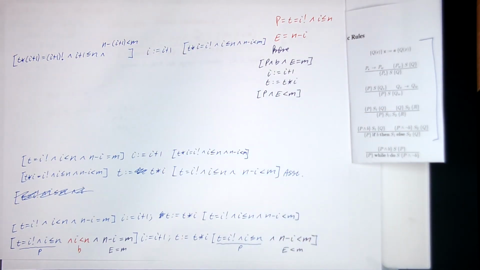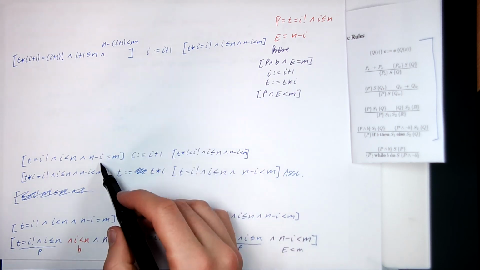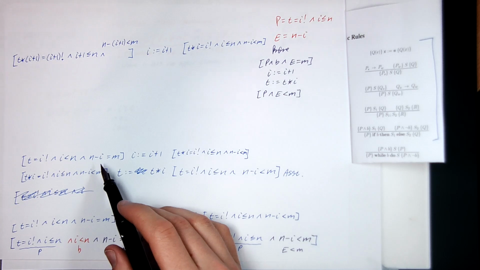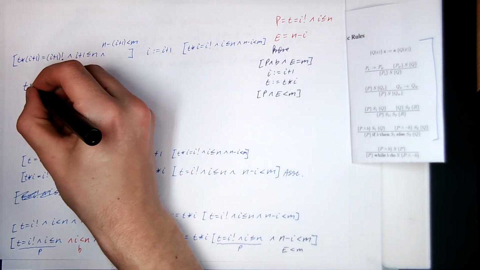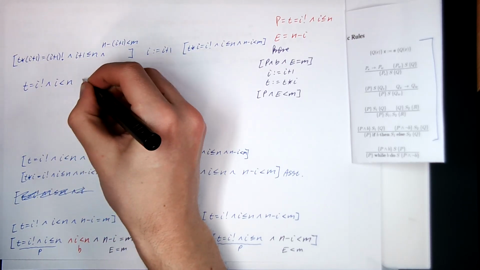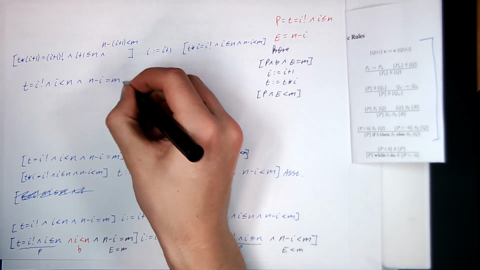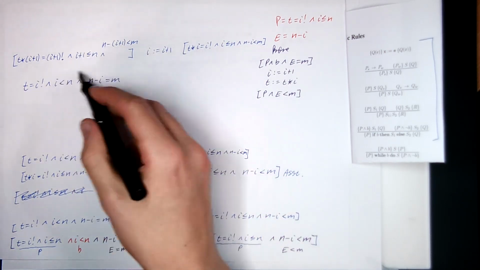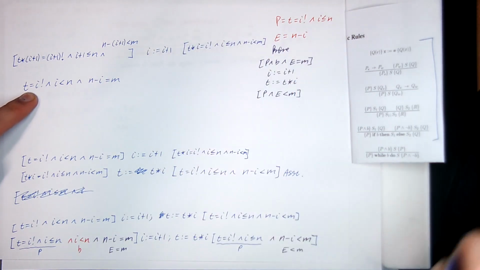Okay? Can I do precondition strengthening to get from here to here? Well, I sure hope so. If I assume this property, t equals i factorial, and i is strictly less than n, and n take i is equal to m, can I get to this property here? Let me scribble in the margin again.